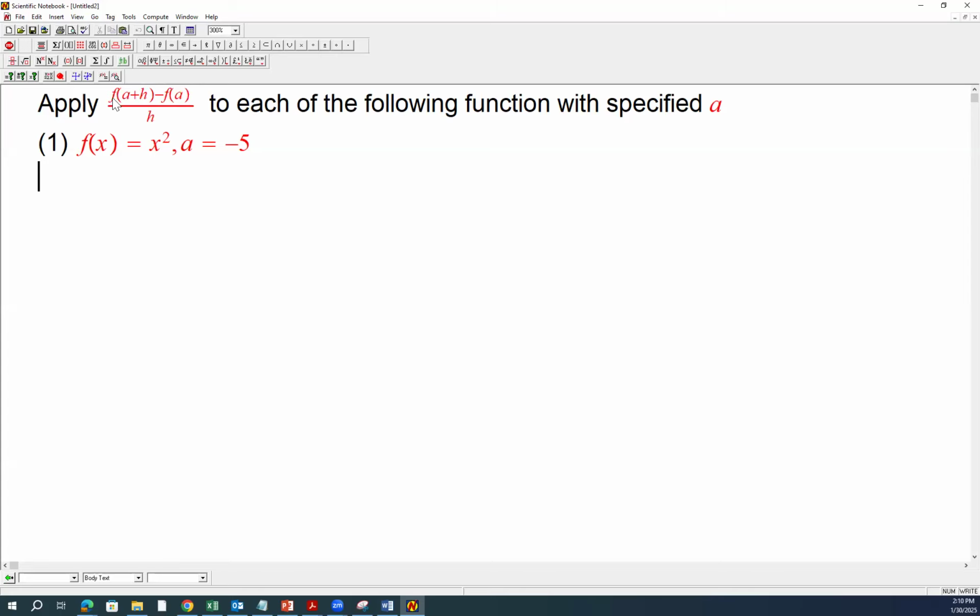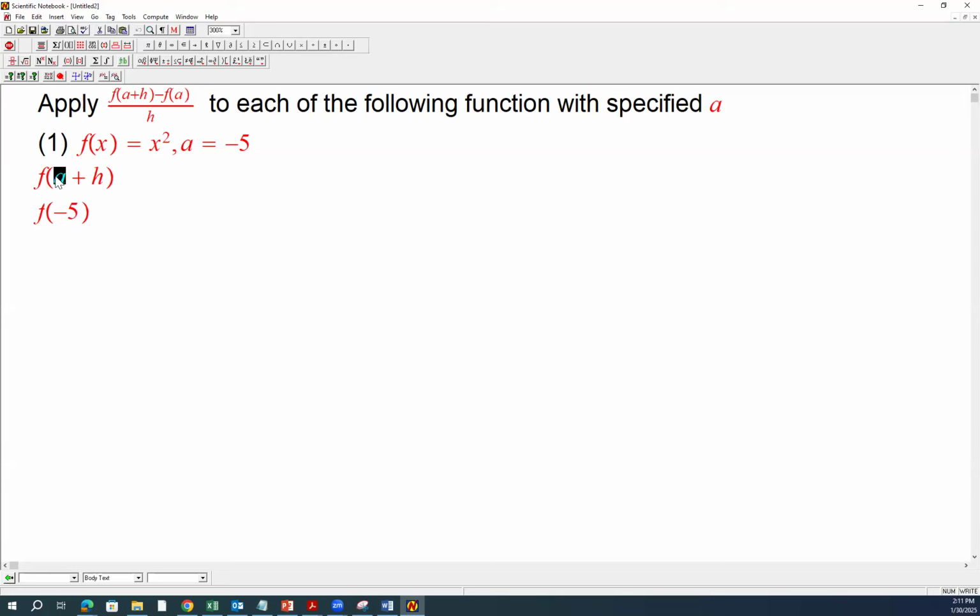So first we're going to get f of a and f of a plus h. Okay, so we're going to write f of a plus h, f of a. Since a is -5, we're going to replace a by -5.